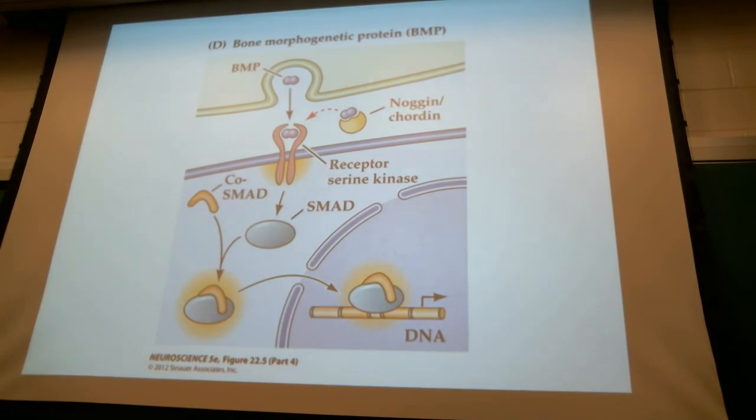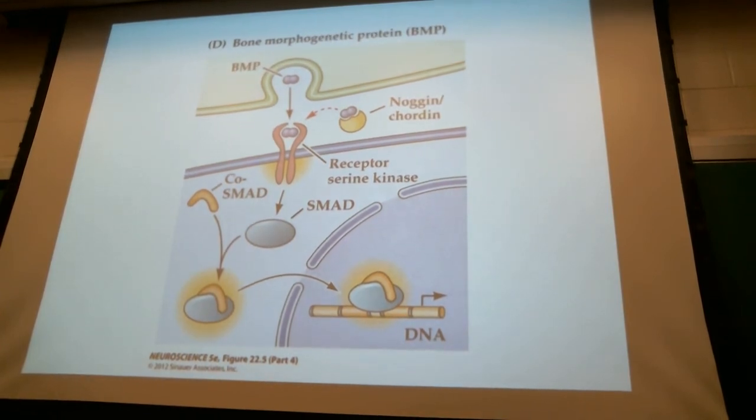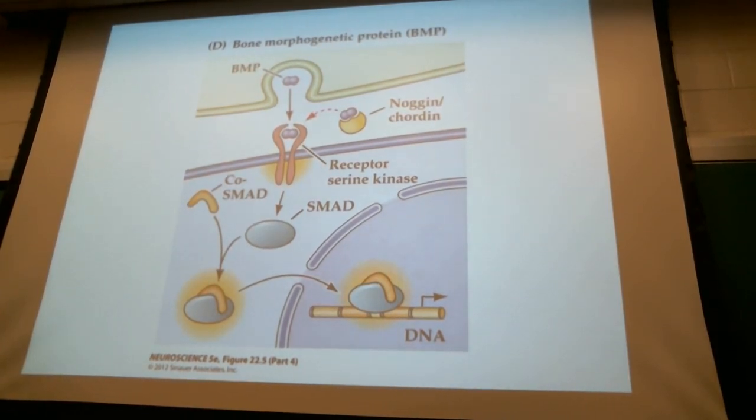What it does is it soaks up the signaling molecule, so you can prevent the receptor activation. And why do we need something like that? Well, let's see where noggin is expressed.